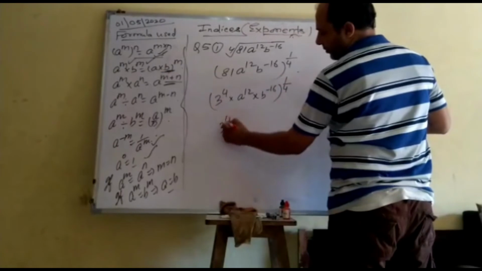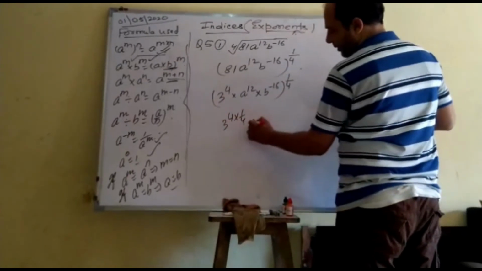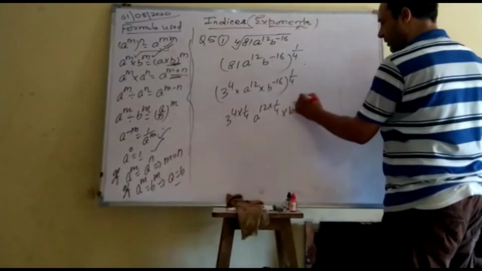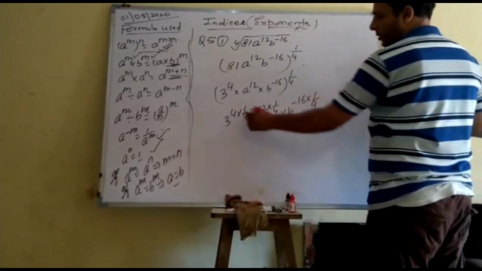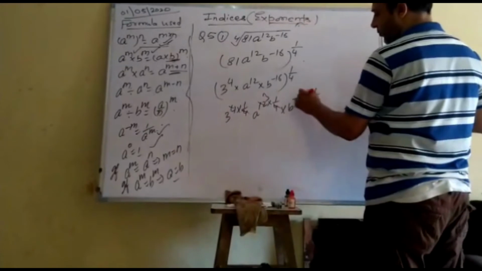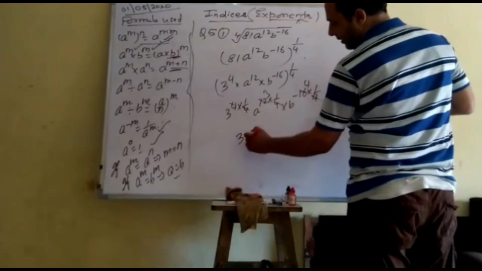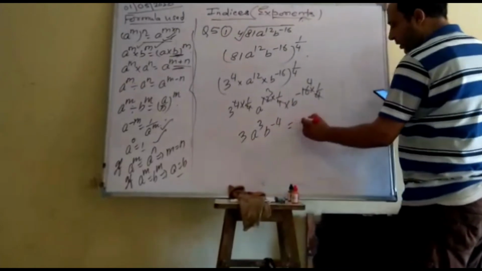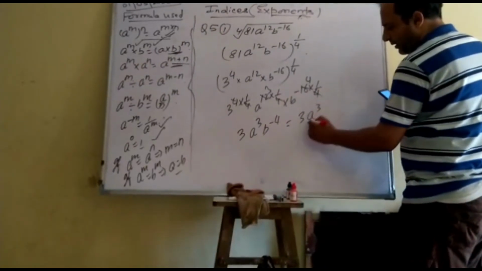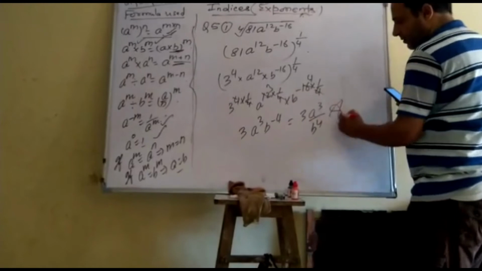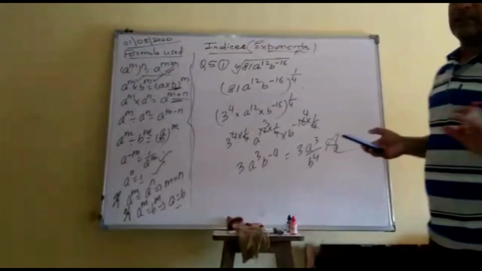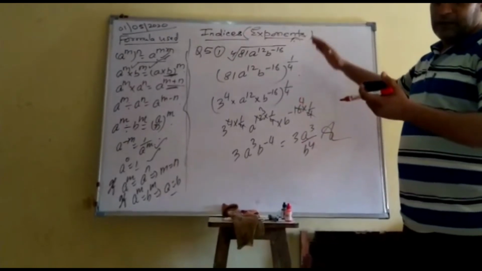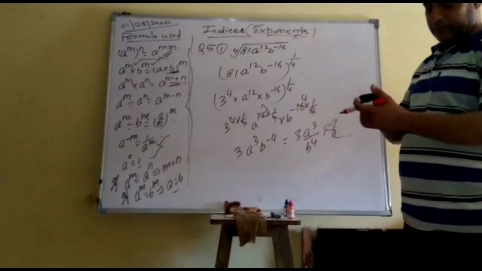So 3 raised to power 4 into 1 by 4, a raised to power 12 into 1 by 4, b raised to power minus 16 into 1 by 4. 4 cancels, 4 3 times, 4 4 times. So your answer will be 3 a raised to power 3 b raised to power minus 4. If you want to write it in positive form, then it is b raised to power 4 in the denominator. I didn't do anything, only did it step by step and we got the final answer.